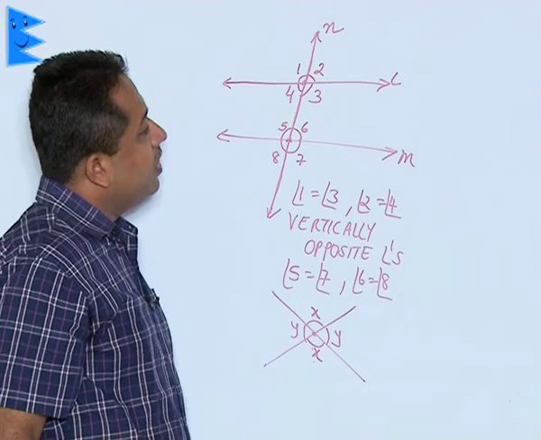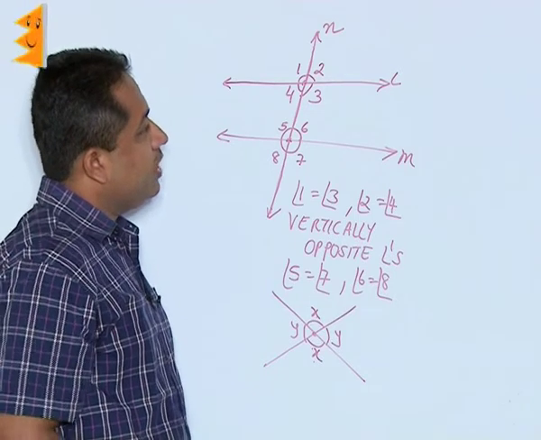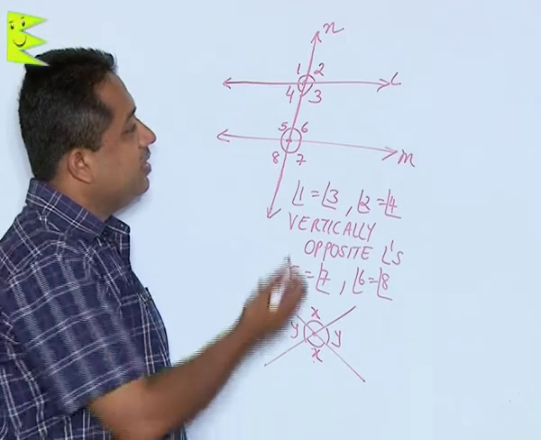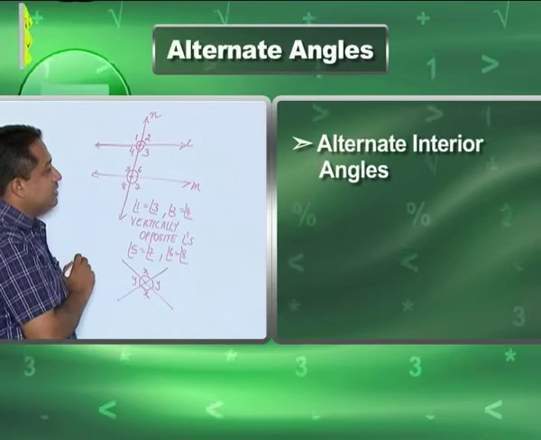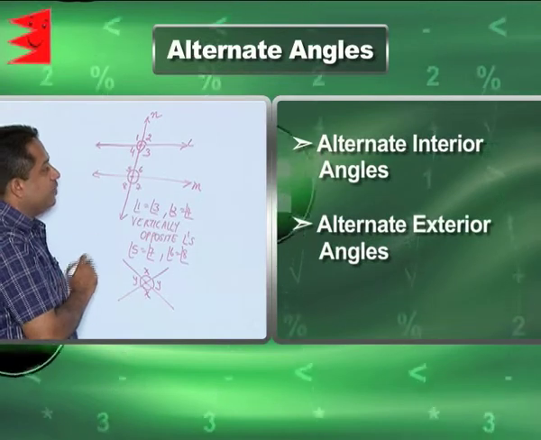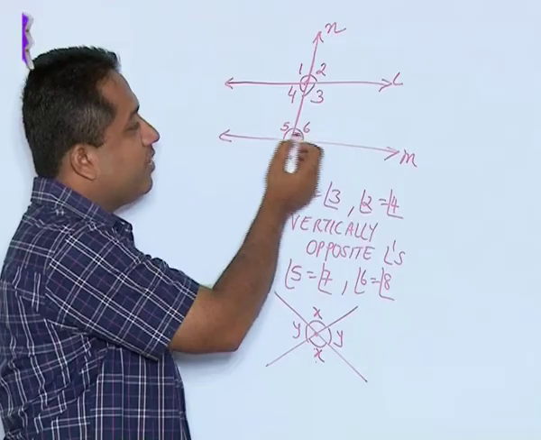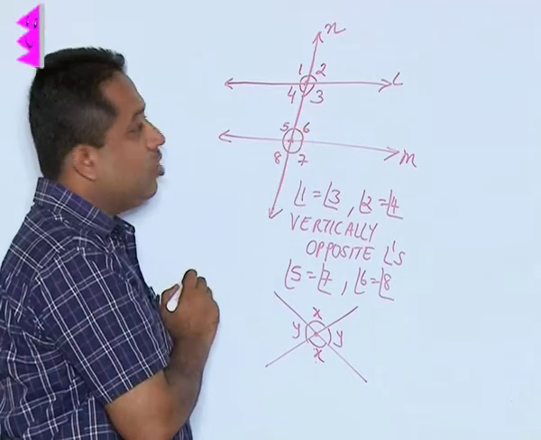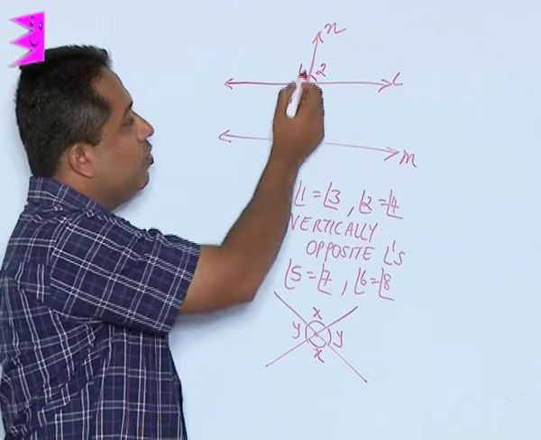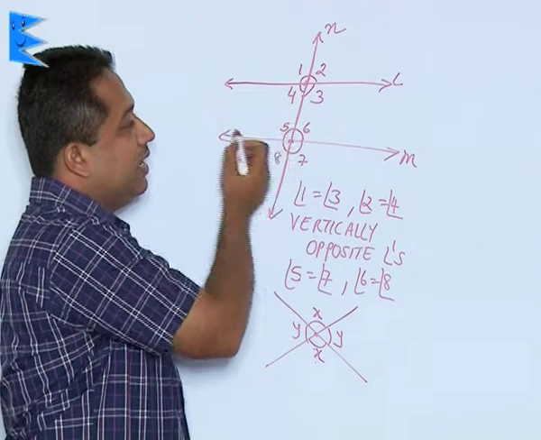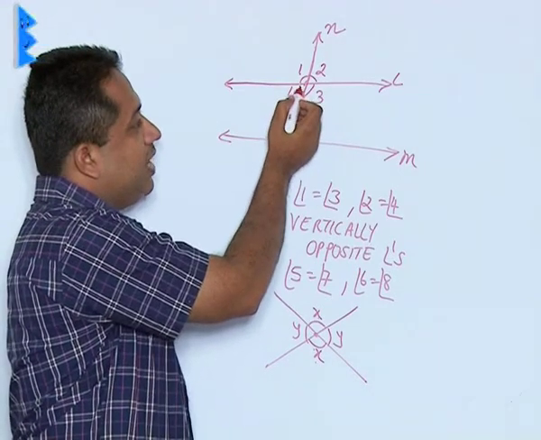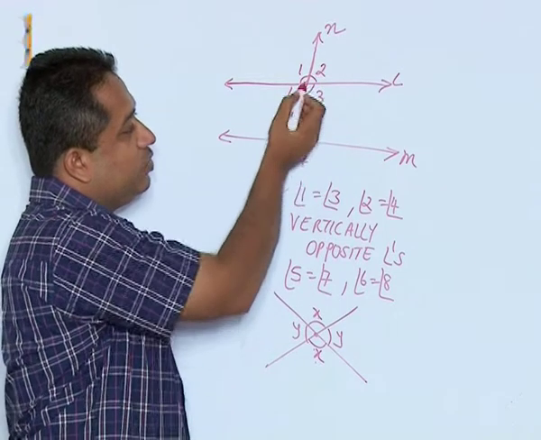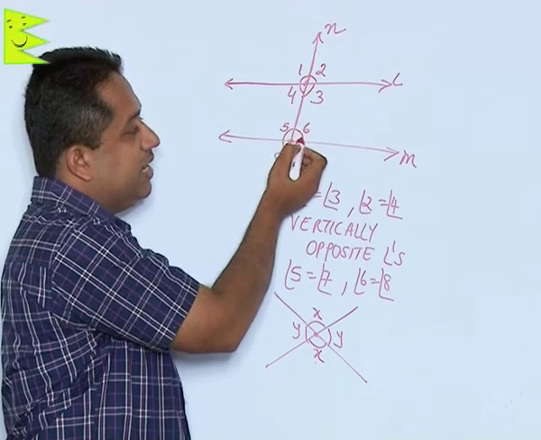Then we have other combinations, these are called the alternate angles. Now, when we talk about alternate angles, we have alternate interior angles and alternate exterior angles. Interior angles, we have seen, are 3, 4, 5, 6. So, when we have to establish a relationship between the alternate interior angles, you have to look at the transversal and the two parallel lines, and take one angle from the left side of the transversal and one from the right side, and both are interior angles.